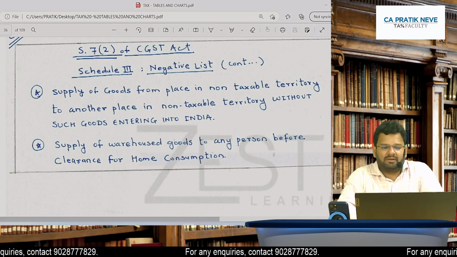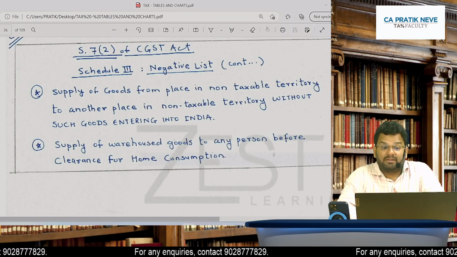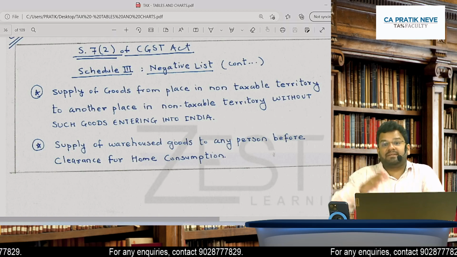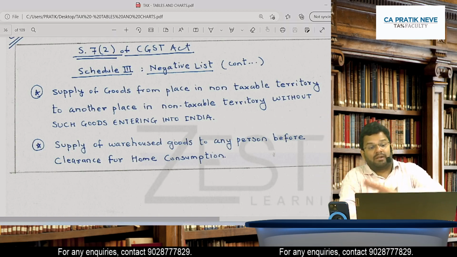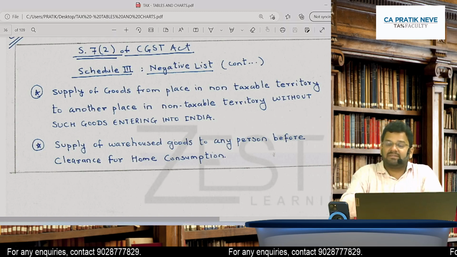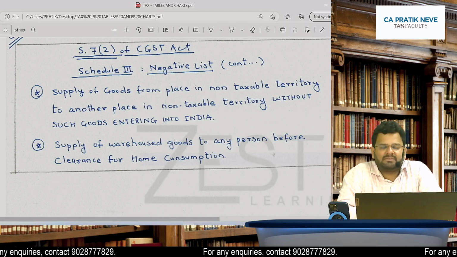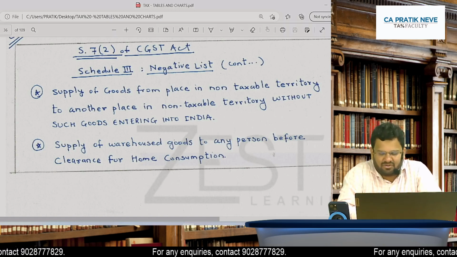Further, in the negative list, 2 things are given. If you are supplying goods from a place outside India, that is in a non-taxable territory, to another place in a non-taxable territory without these goods entering into India, then it is neither supply of goods nor supply of services, rather it's not supply.